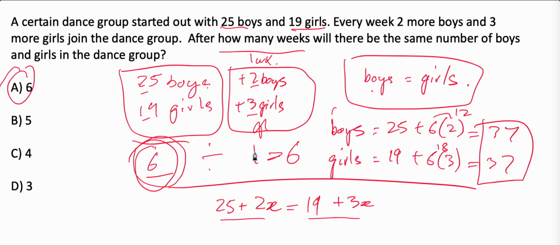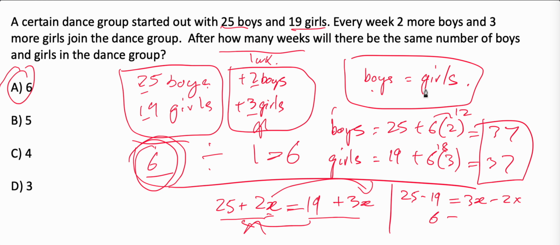You just equate them, because the end goal is boys equal girls. You try to find x. You move the 19 over here, so you have 25 minus 19 equals 3x minus 2x. So 25 minus 19, that's 6, equals x.